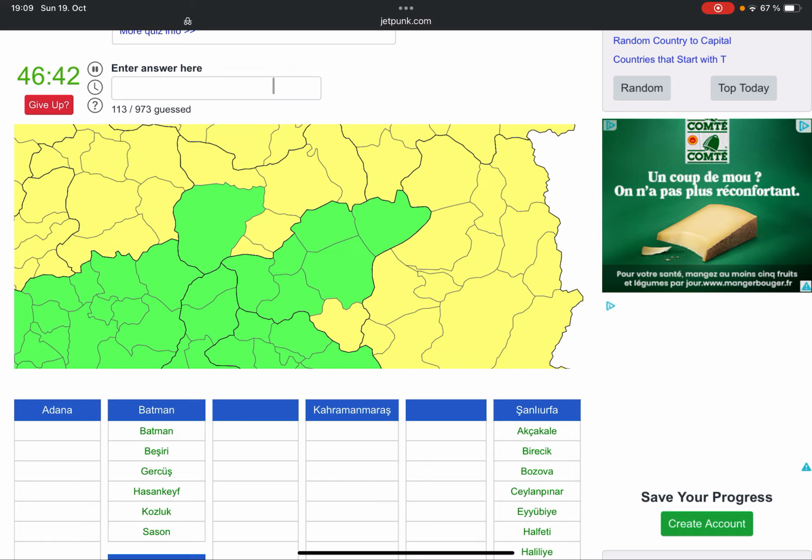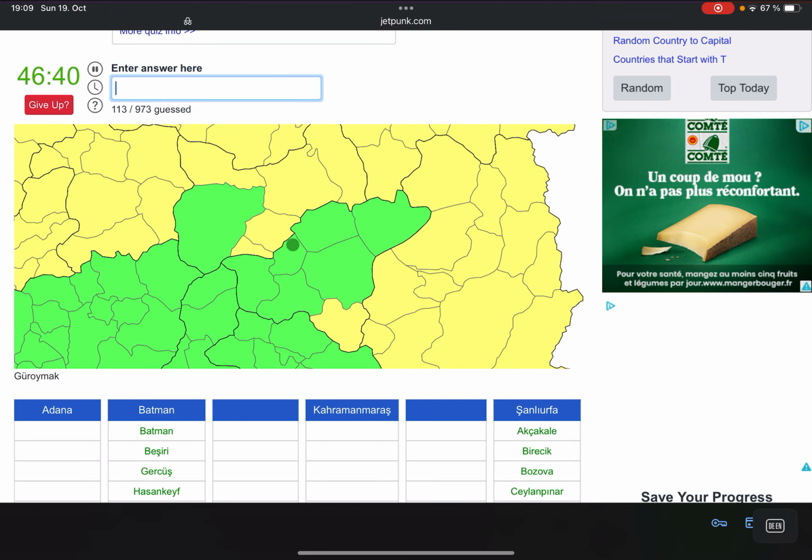So here we have Van province, and the capital of Van is also called Van, but as with the others, it's made up of the two districts of İpekyolu and Tuşba. So these two districts make up the actual city of Van.